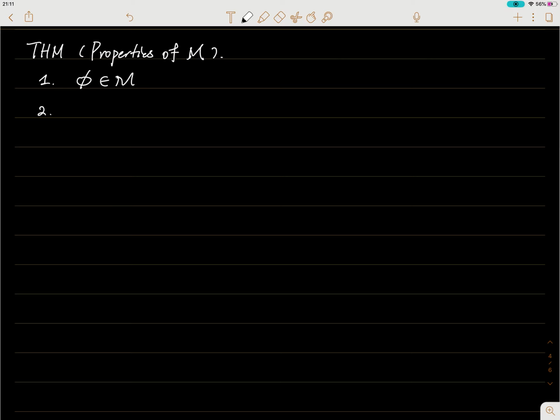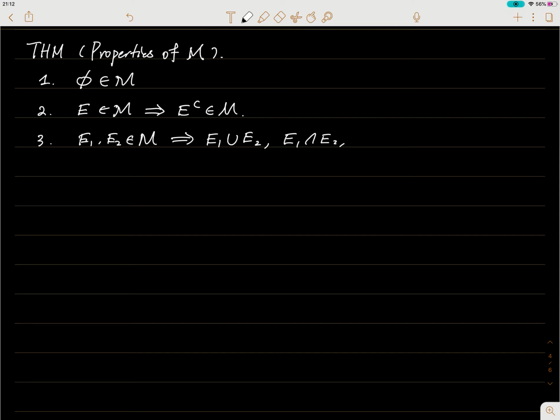The second one is that if E is measurable, then the complement of E must be measurable as well. The third one is that if E1, E2 are both measurable, then the union of them, the intersection of them, and the difference of them, either E1 minus E2 or E2 minus E1, are all measurable.